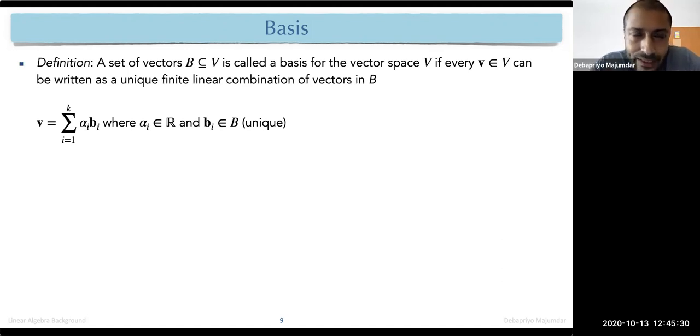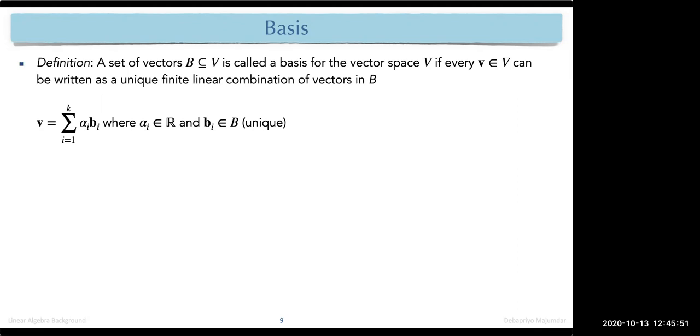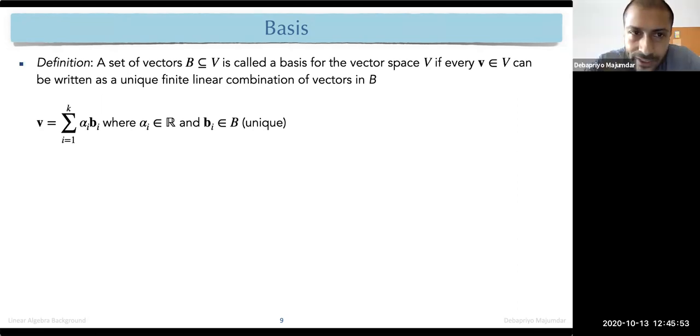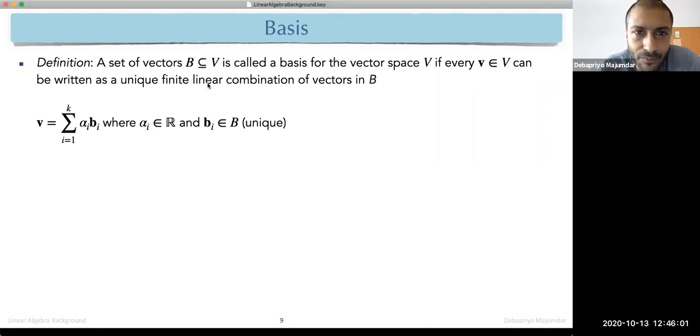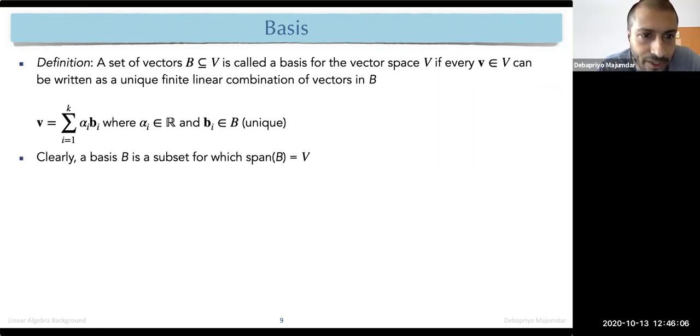A set of vectors B, which is a subset of the vector space, is called a basis if we can make every vector in V as a unique finite linear combination of vectors in B. So finite linear combination of vectors in B just means that B spans V. With B, I can make V. From linear combinations of vectors in B, I can make all the vectors in V. However, it has to be done in a unique way.